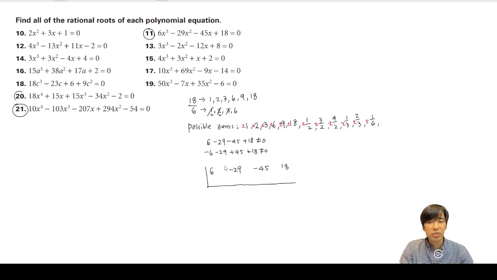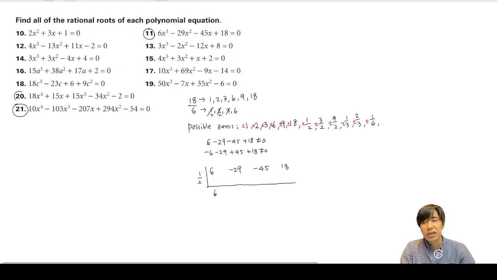But I'm gonna jump to like 1/2. Hopefully get an answer faster this way. So 6 comes down, multiply, you get 3, -20, 26, multiply 1/2, that's -13. Add them together, that's negative what, 58. So you're not going to get -18 here. So let's change this thing to -1/2.